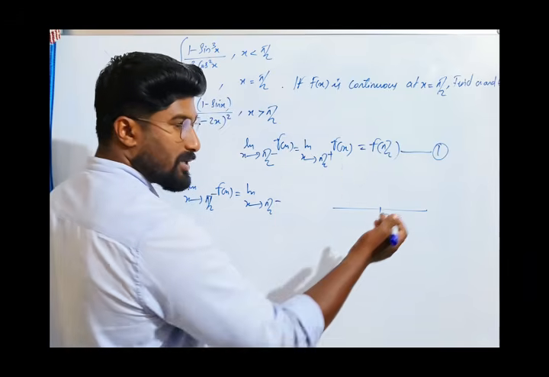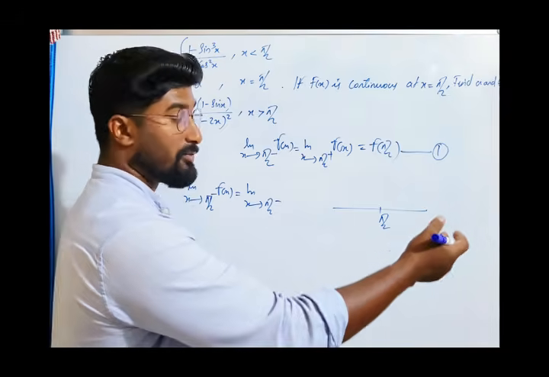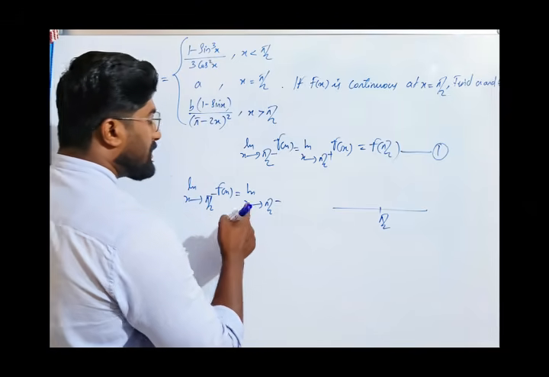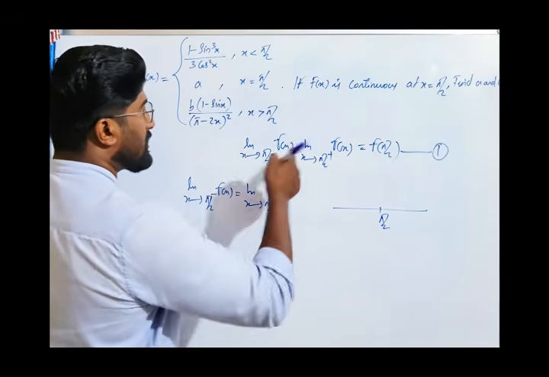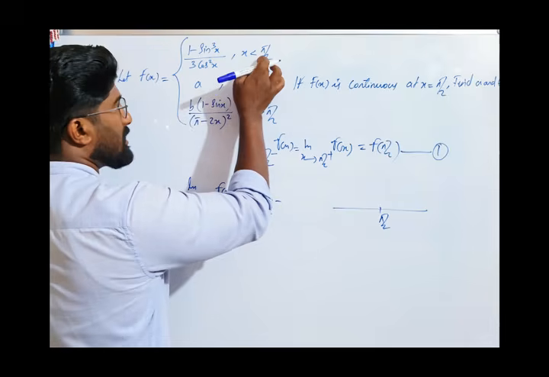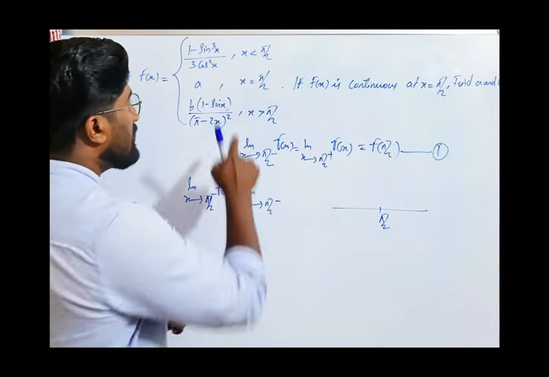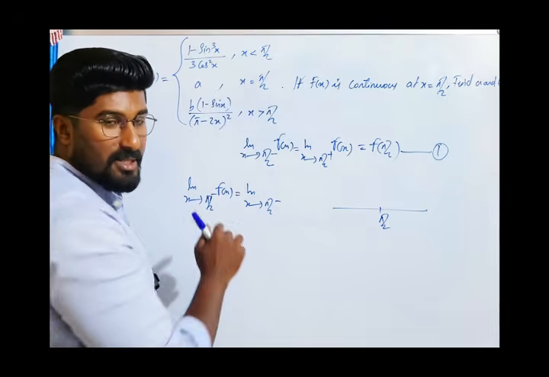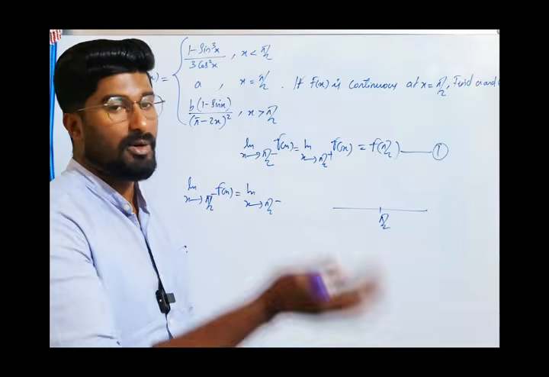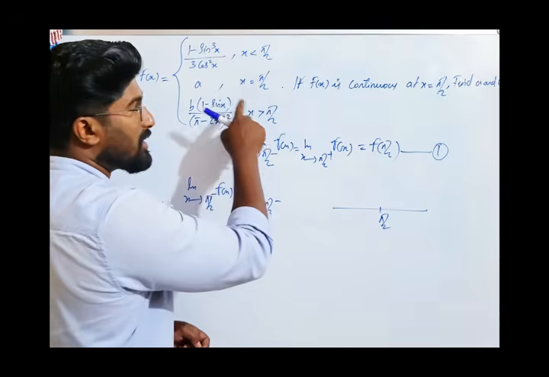So pi by 2 plus means expected values of x that are tending from the right side. So limit x tends to pi by 2 minus means here you have to consider x values that are tending from the left side. Consider these all are domain. Domain means what we are substituting, range is what we are getting.